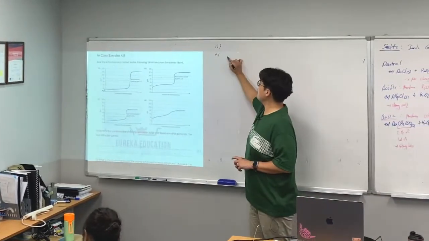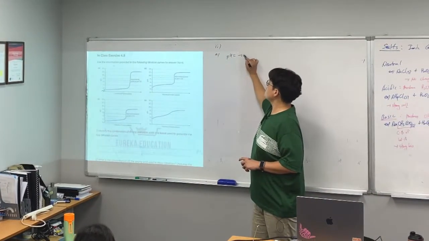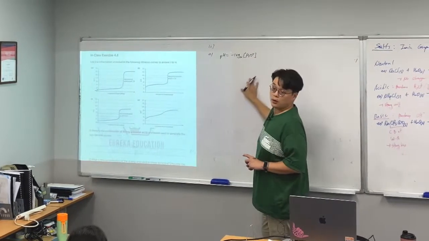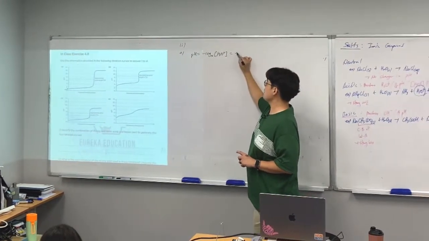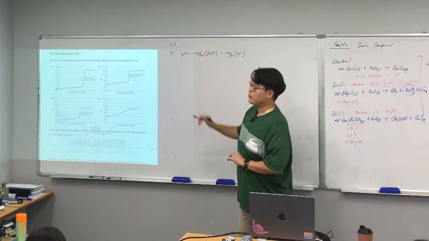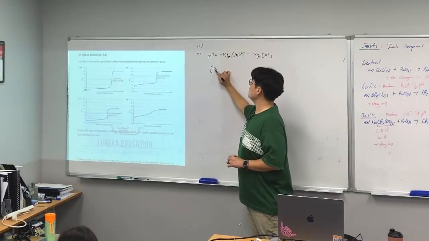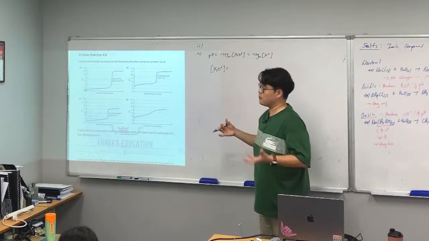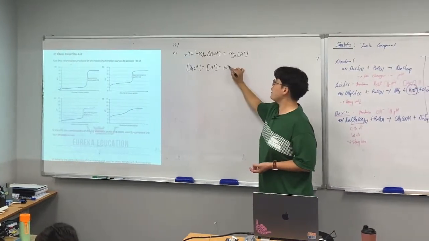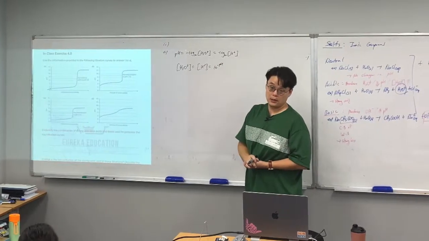Remember that pH is found by minus log 10 of the hydronium ion, or the same as minus log 10 of the hydrogen ion. So if you want to find the hydronium ion, or hydrogen ion, same thing, that would be 10 to the power minus pH.